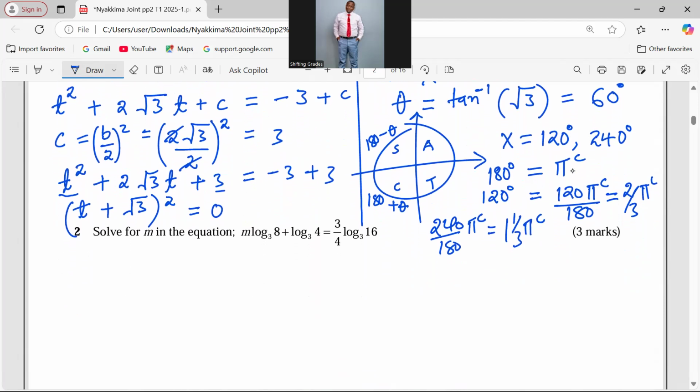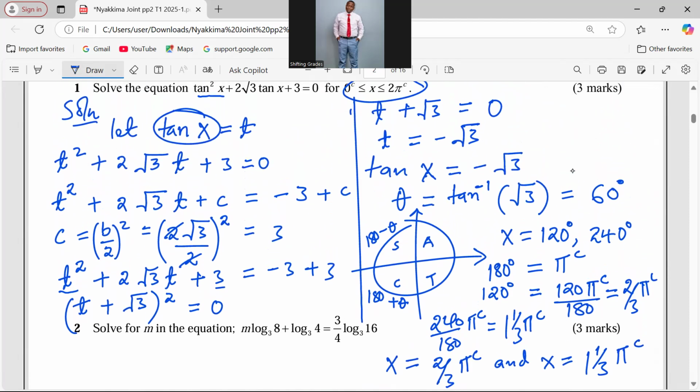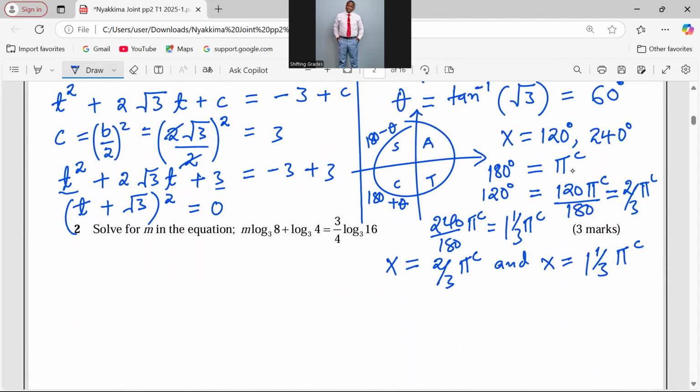So the two values of x in pi radians are going to be 2/3 pi radian, and x is also equal to 1 1/3 pi radians. So we have gotten the two values of x in pi radians.